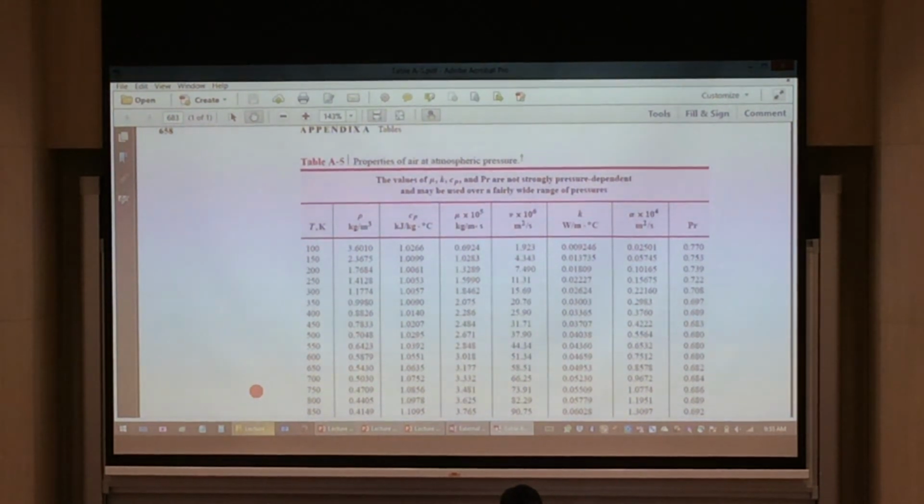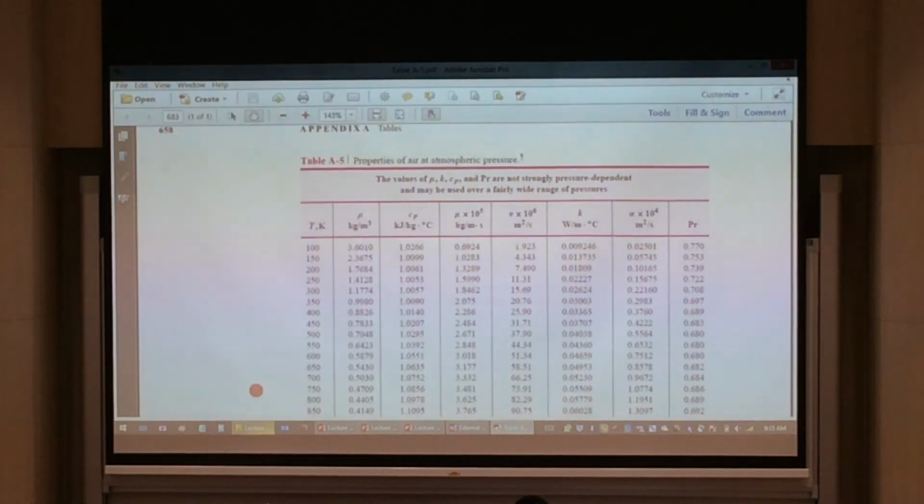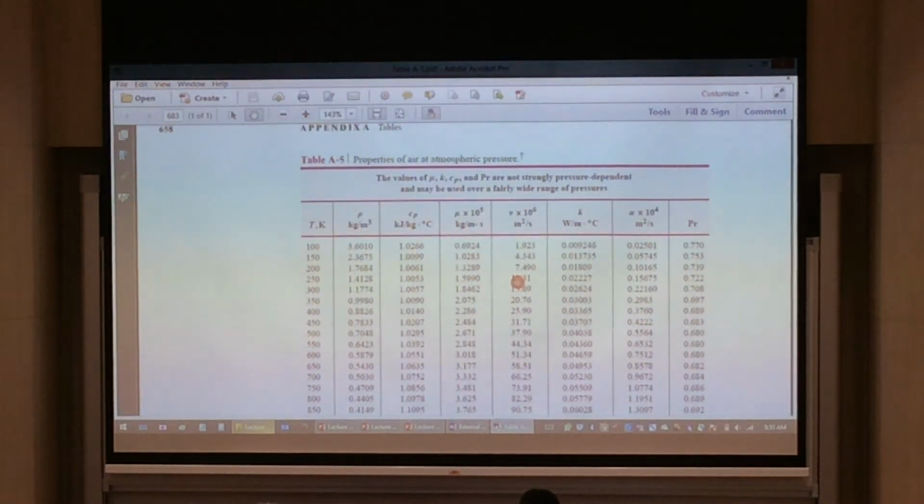Because in the question it says that it's not water, but hot air that flows into the pipe. So I'm looking at this table. You don't have to memorize this table. You can't memorize it anyway. So if needed, this will be provided during the exam. But for now, if you do attempt any questions, you could look up that table. It's in your appendix section.